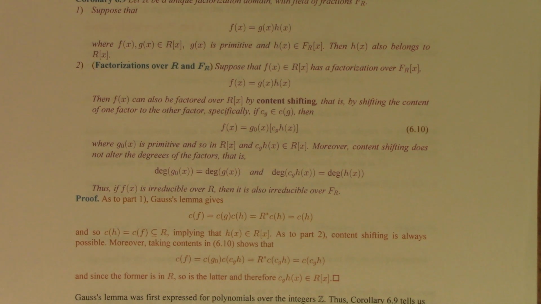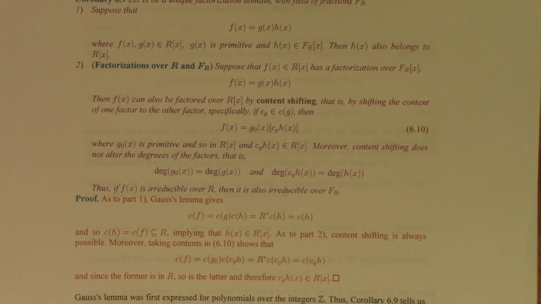you can take the least common multiple of the denominators, shove it over to the first factor, shove it over to the second factor.